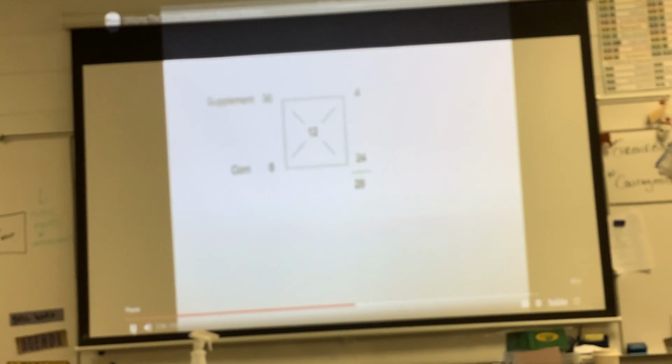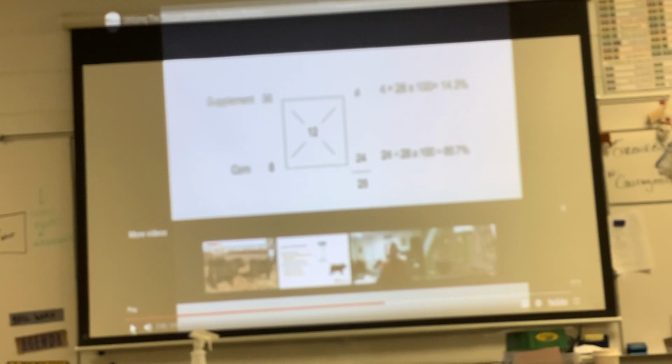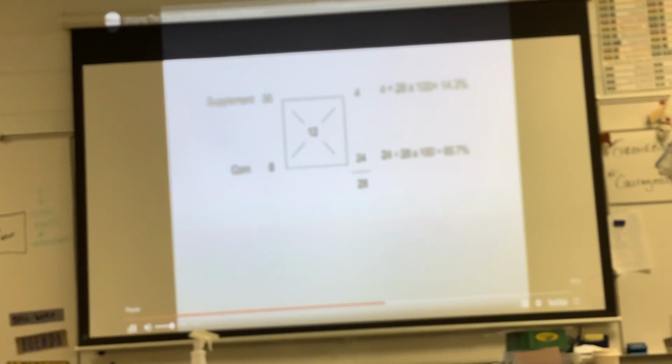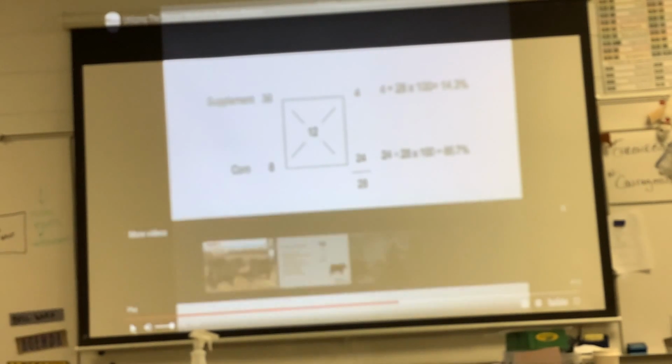Then we will divide each of the numbers that we have on the right side by 28. We divide 4 by 28. This will give us 14.3%. We divide the 24 by 28, and we're multiplying here by 100 to get on a percentage basis. This will give us 85.7%. So what we're looking at then is a mixture that is going to be 14.3% supplement, 85.7% corn. Okay.